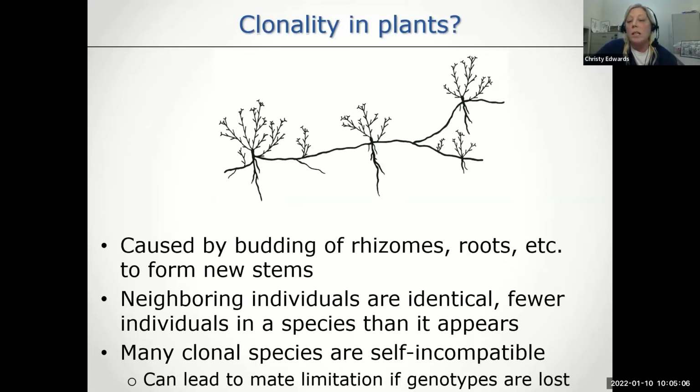And so there are a lot of species out there that are very rare and have attrition of genotypes over time. They may get to the point where there are really no cross-compatible mates in the population. In that case, you almost get a collapse of a self-sustaining population. So, next slide.